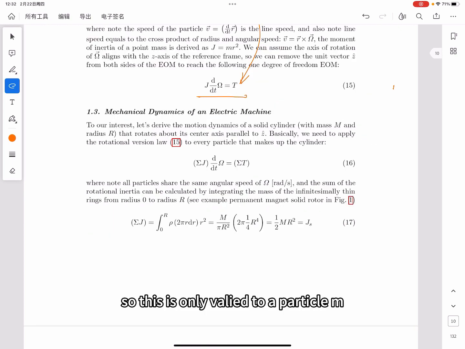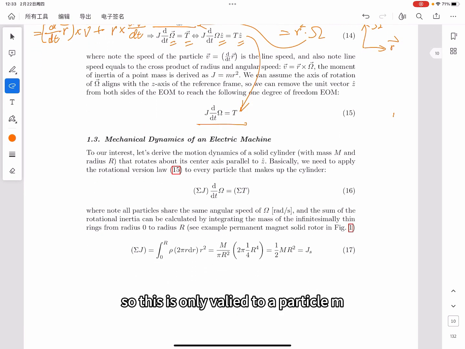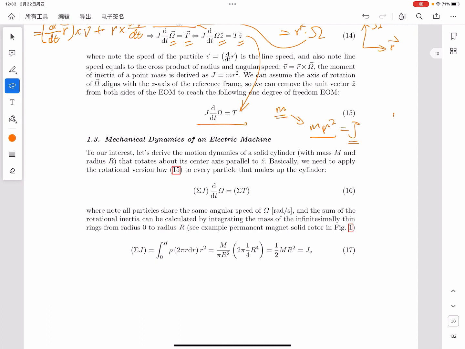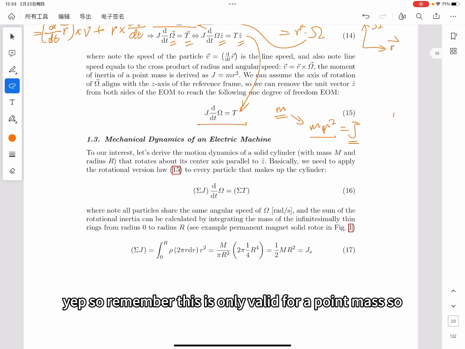So this is only valid for a particle of mass m. We assume the point particle is of mass m. Its rotational inertia is no longer mass. It's calculated as m r squared, denoted by symbol J. It's called moment of inertia. So remember, this is only valid for a point mass.